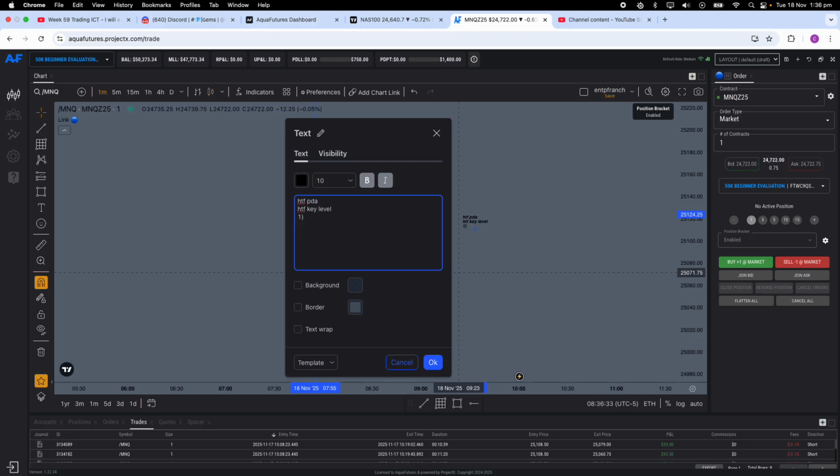We would like to see H1 / H4 CSD in favour of bias, or a rejected CSD for bias also. 2, M5 CSD. 3, M5 inverse gap / fair value gap. 4, breaker, entries.